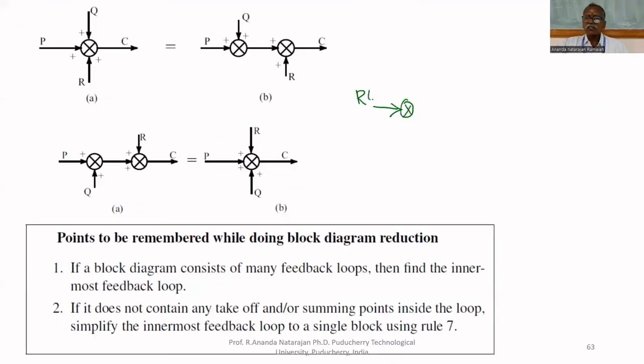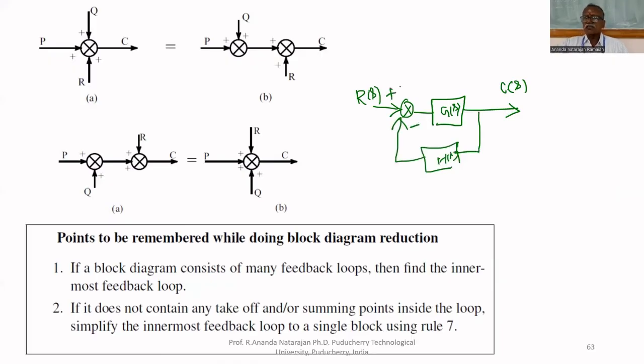This is R of S, G of S, and the output is C of S. The feedback signal is H of S, the negative feedback. The formula is C of S upon R of S, because it is the Laplace transform of output upon Laplace transform of input, equal to what is in the forward path.